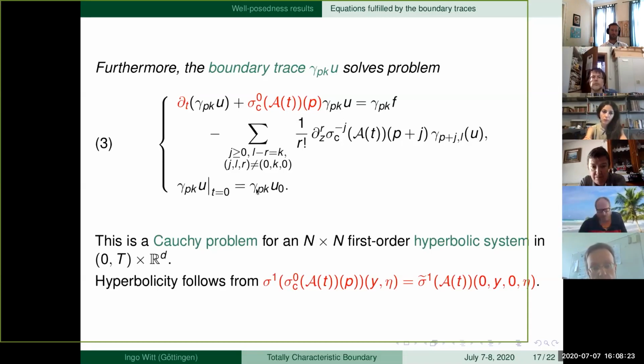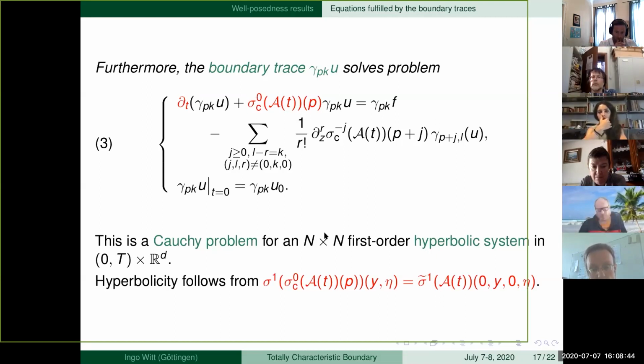The initial condition is just a trace from the initial condition. And that this system is hyperbolic follows from the fact that hyperbolicity, as defined, only depends on the principal part of the operator A, or this is now the conormal operator.